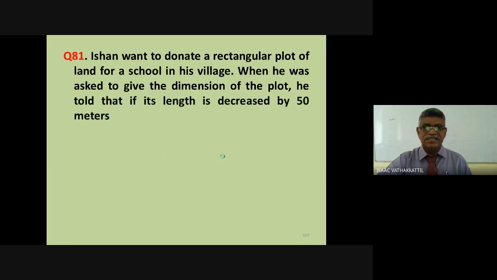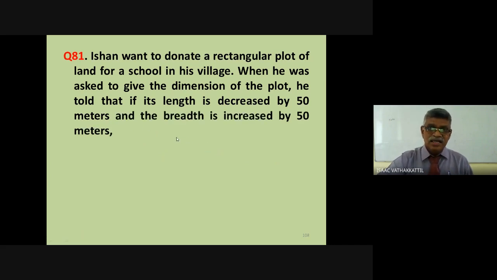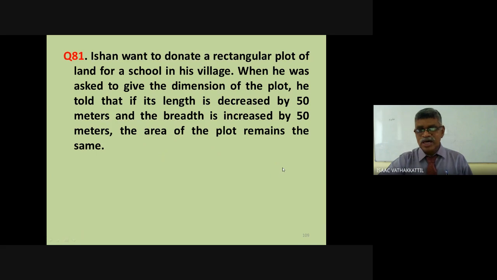he told that if its length is decreased by 50 meters, he did not tell the length and breadth, but if the length is decreased by 50 meters and the breadth is increased by 50 meters, the area of the plot remains the same.